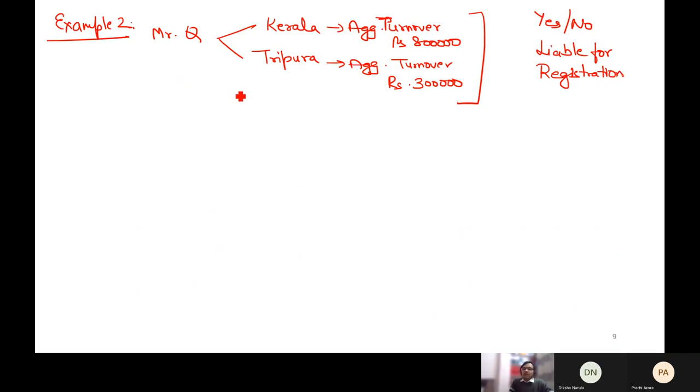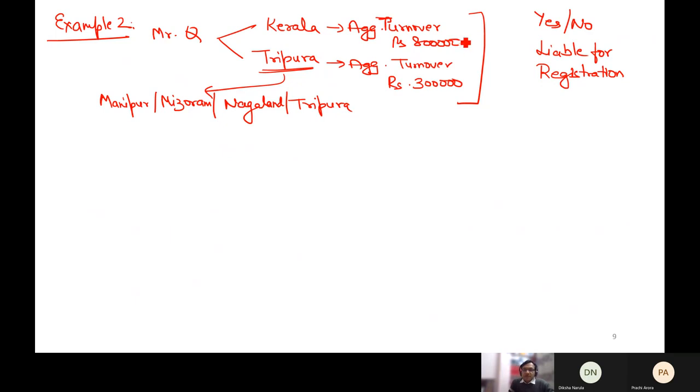Now, if you remember, Tripura is one of those four states where the limit is 10 lakh rupees: Manipur, Mizoram, Nagaland, and Tripura. Other than these four states, the limit is 20 lakh.